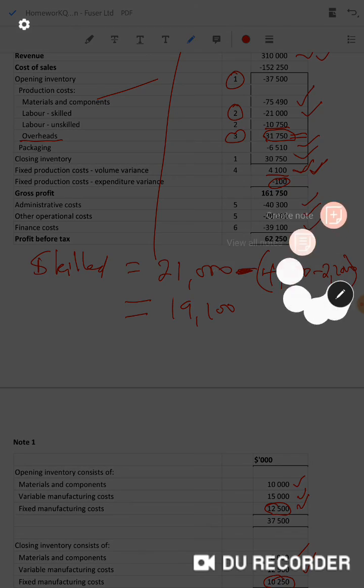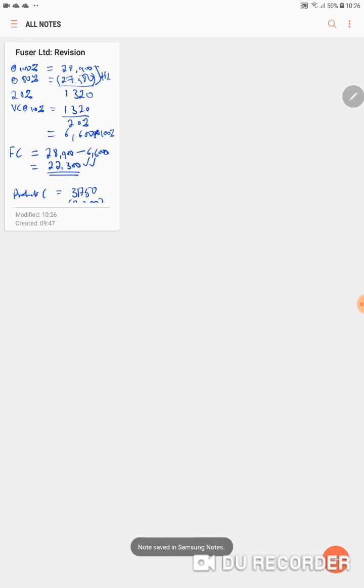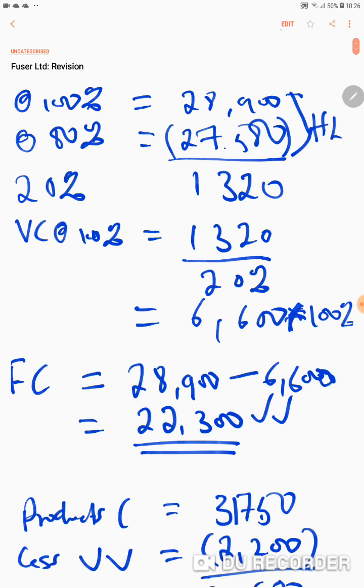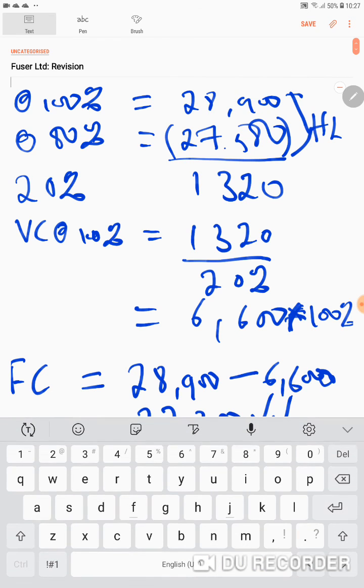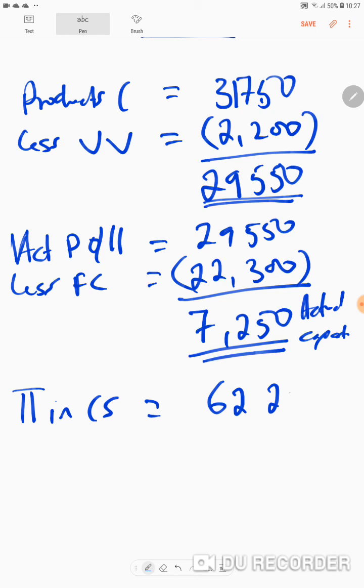It then brings us to the profit you have gotten using this method. How does it differ from the profit you would have gotten using the absorption costing? So in the case study, you are given 62,250.